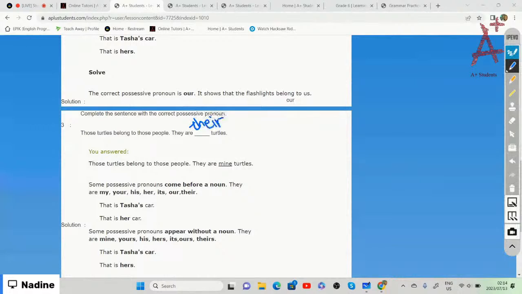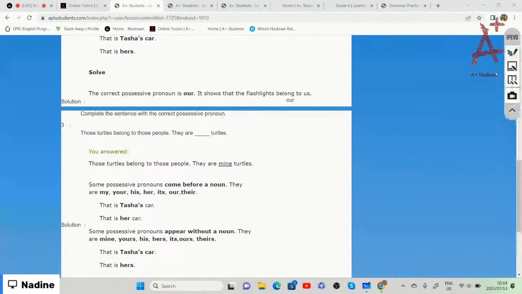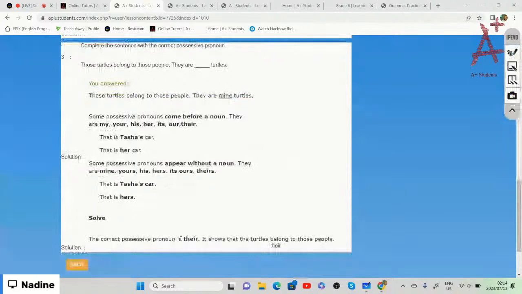So it belongs to them, meaning they are their turtles. And there it says the correct possessive pronoun is theirs. That indicates that it belongs to those people, or it belongs to them, right?